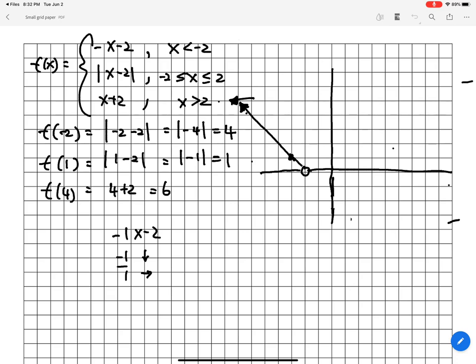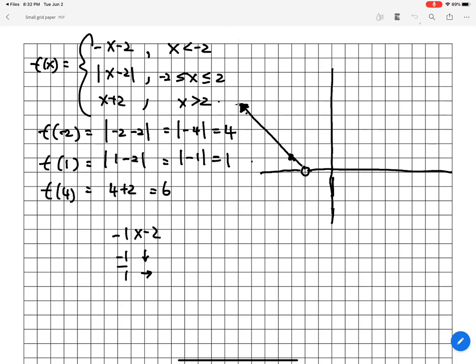Now, let's work on the second section, the absolute value one. Remember, absolute value is a V shape. It typically has a vertex at 0, 0. But with the x minus 2, remember, which direction is it going to go? X minus 2 is going to make it go to the right.